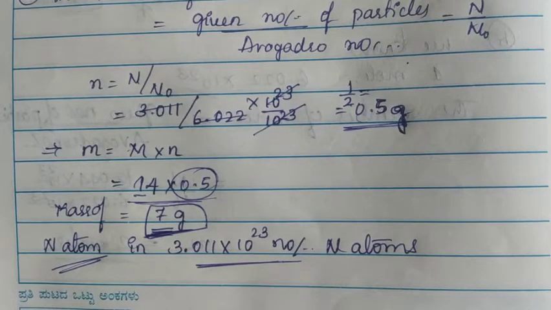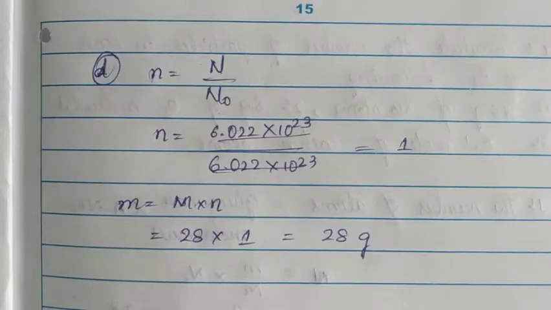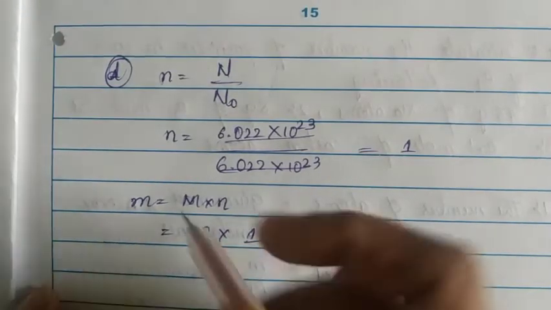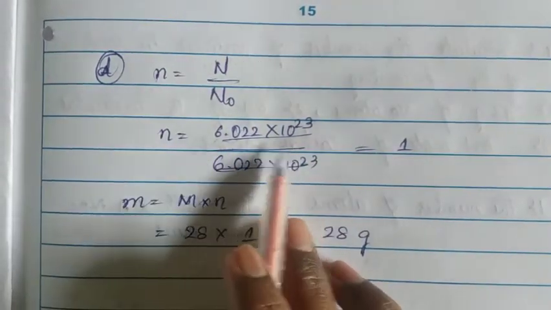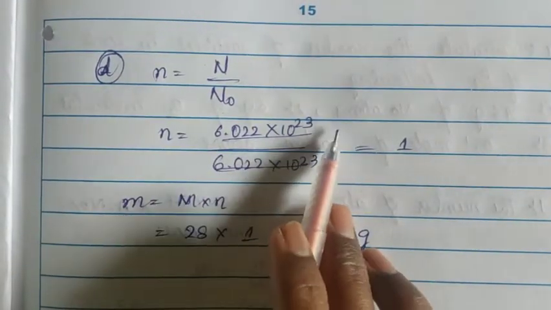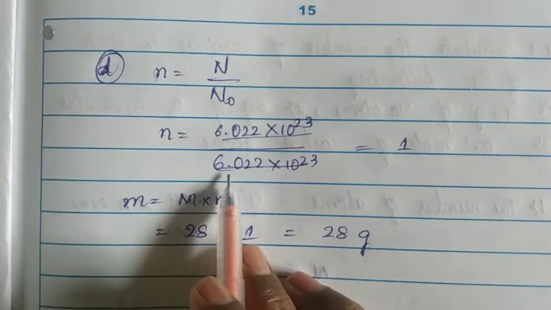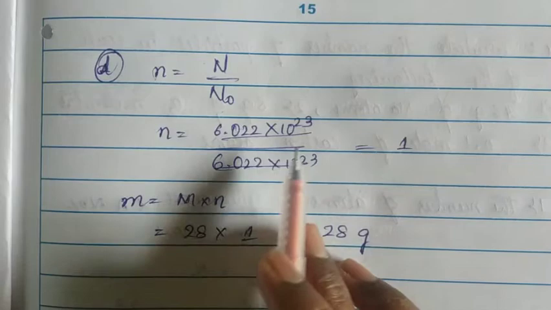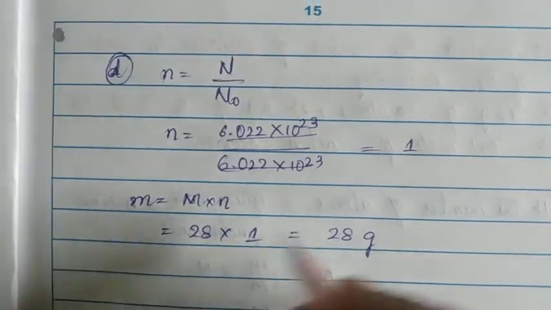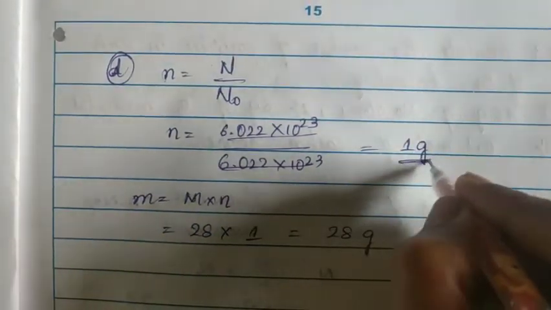Now come to the fourth one. See children here. n is equal to the given number divided by the Avogadro number. Given number is 6.022 into 10 to the power of 23. The Avogadro number is 6.022 into 10 to the power of 23. Both are cancelled together. We get 1 mole.